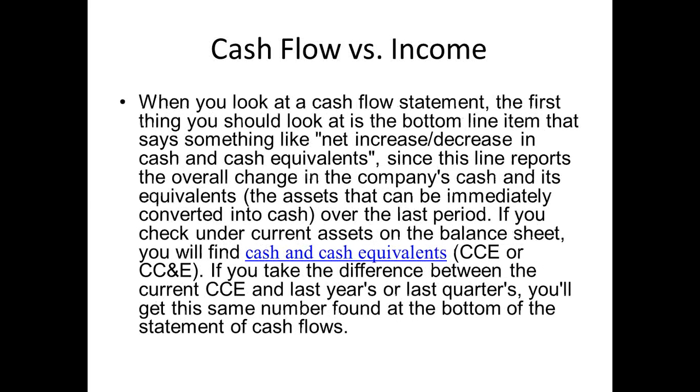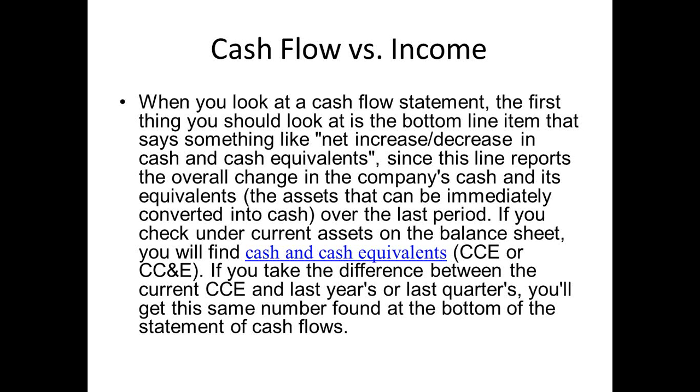Okay. When you look at a cash flow statement, the first thing you should look at is the bottom line item that says something like net increase/decrease in cash and cash equivalents. The reason is that this line reports the overall change in the company's cash and its equivalents, the assets that cannot be immediately converted into cash, over the last period.